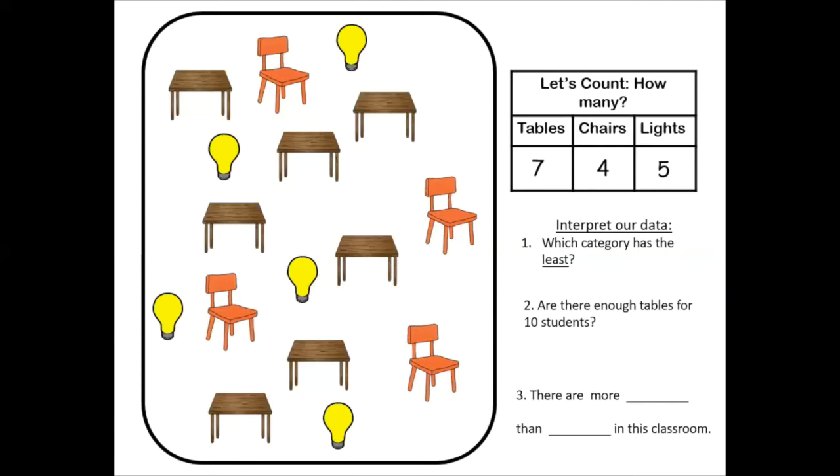It's kind of like less. Which category has less? Look up at your table. You have 7 tables, 4 chairs, 5 lights. So which category has the least? Right, our chairs.